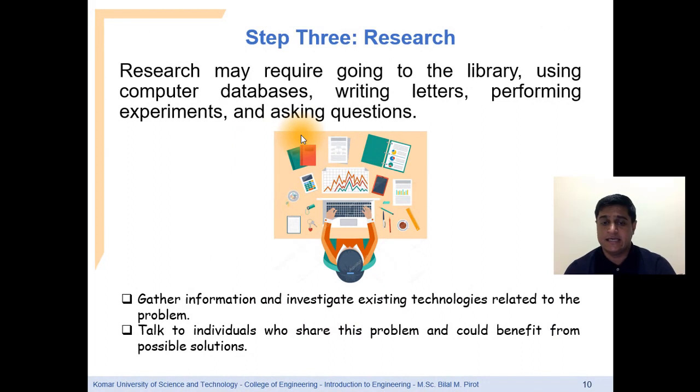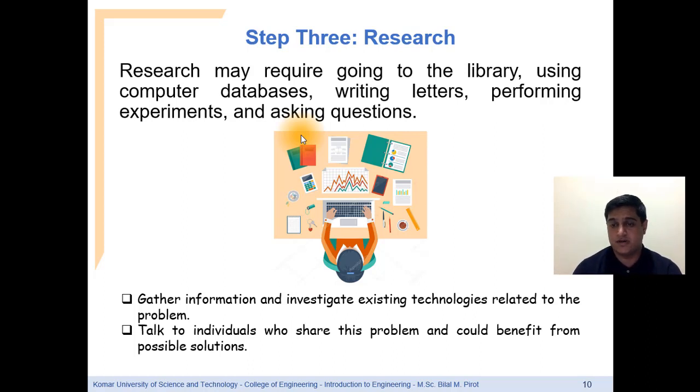Step three is research. Research is very important, especially for academicians and engineers. You sometimes cannot find a specific solution for a specific problem based on the opinion of other people.